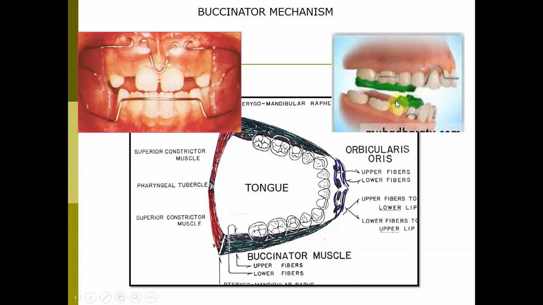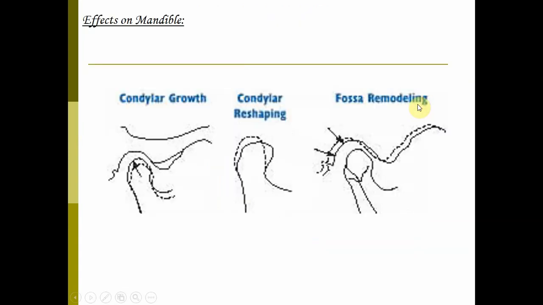When the patient eats, there is an inclined plane here, so all your occlusal forces are directed in a mesial direction. Hence your mandible also goes mesially. Functional matrix theory: if function is there, growth of the bone will be in the same direction.